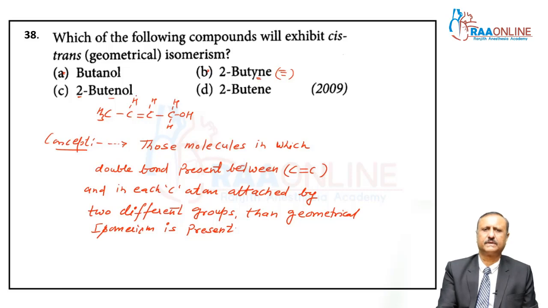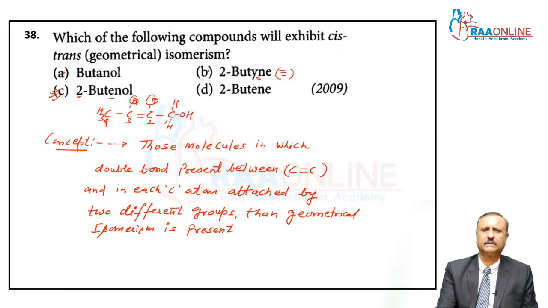My dear students, here you can see CH, CH3, CH, CH2OH is present. So, you can see 1, 2, 3 and 4 carbon atoms of 2-butenol. This compound also shows it, because here H and H are present, and here CH3 and CH2OH are present. So, it also shows geometrical isomerism.